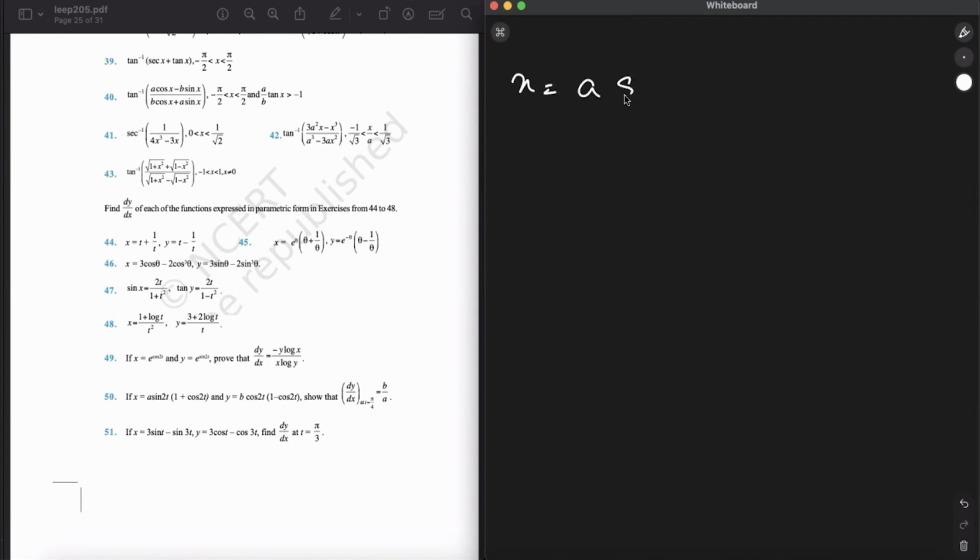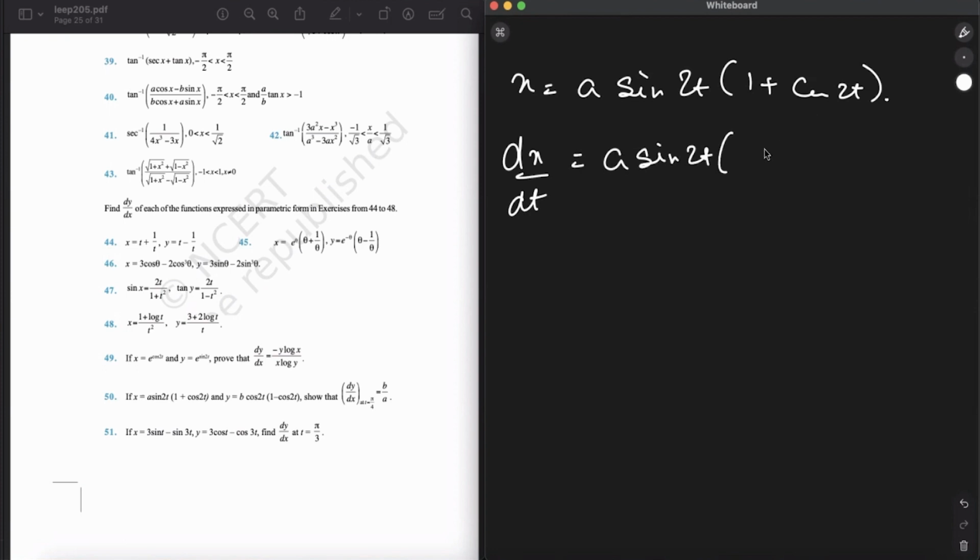x is equal to a sin 2t (1 + cos 2t). Differentiating with respect to t, the differentiation of a sin 2t cos 2t will be minus 2 sin 2t plus (1 + cos 2t) a cos 2t times 2.